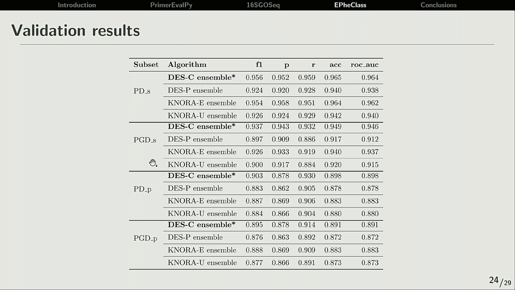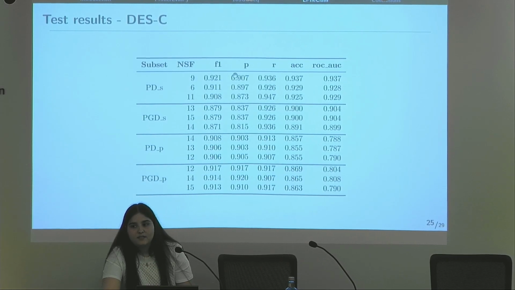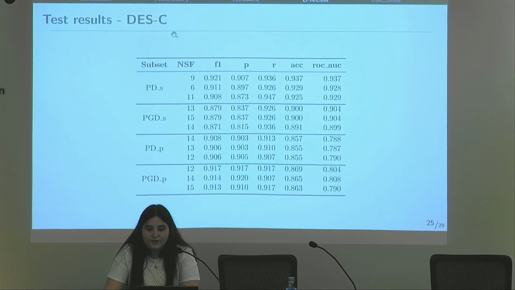For all of the subsets, the best ensemble was the dynamic ensemble selection clustering, which, for example, for the subset containing samples with periodontitis obtained from saliva, achieved an F1 score of 0.956. Then we tested this ensemble with the test set for the 4 different subsets, and we achieved, using 9 features, an F1 score of 0.921.